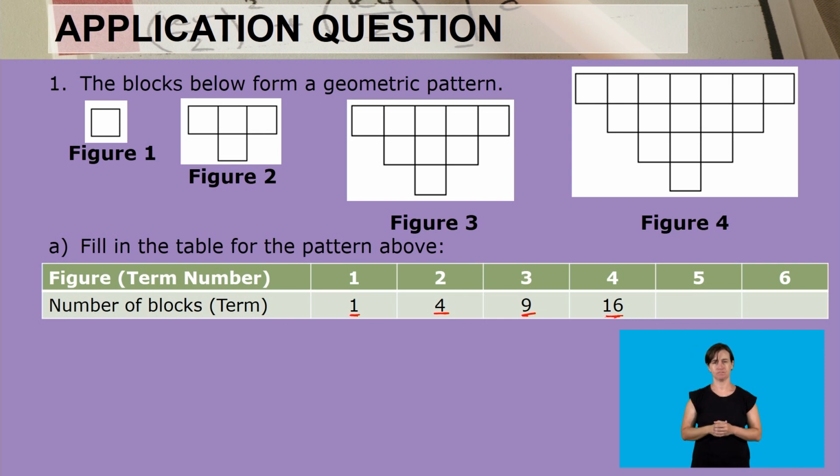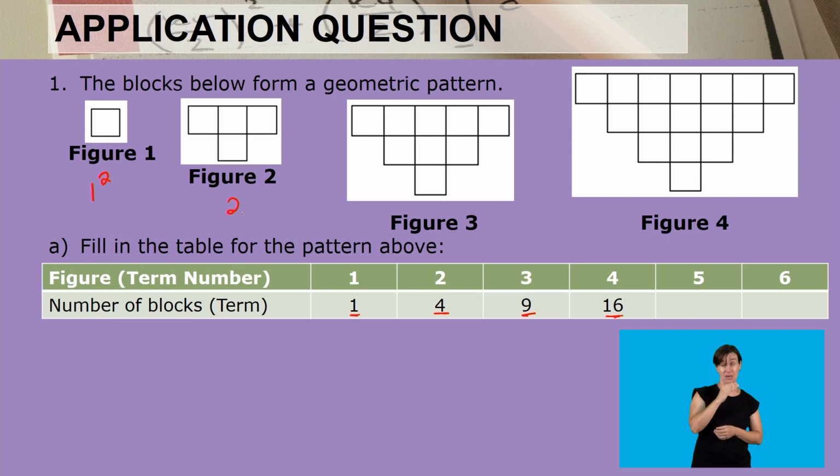So now, since we have seen what the pattern looks like, do you remember the relationship between the term number and the term itself? Well, in the first one, we said it was 1 squared. So we take the term number, or the position of the figure, and we square it. What about the second one?